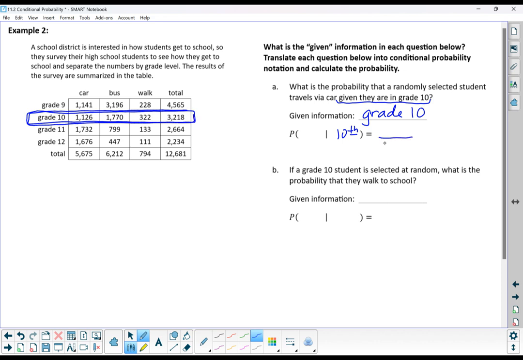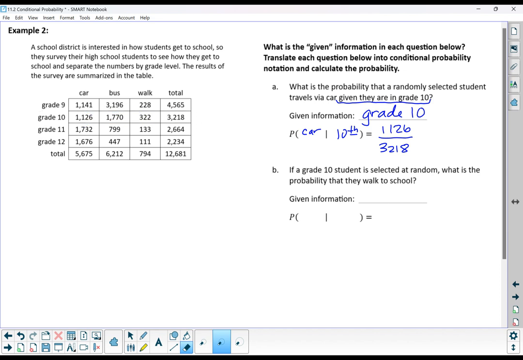So we know that our probability is going to be out of 3,218, and we want the probability that they travel via car. So the probability they travel via car, given that they're in 10th grade, here's the number for cars, 1126. And for this example, let's just go ahead and leave them in fraction form so that we can go through them a little bit faster. Obviously, you could type them in and reduce them if you wanted to.